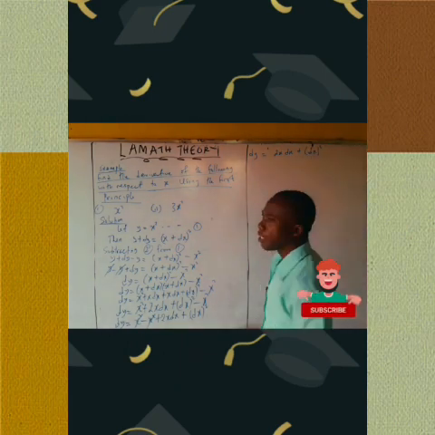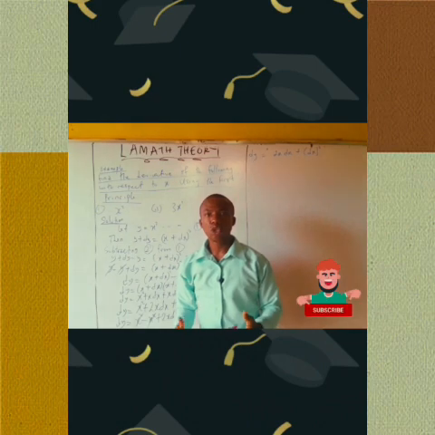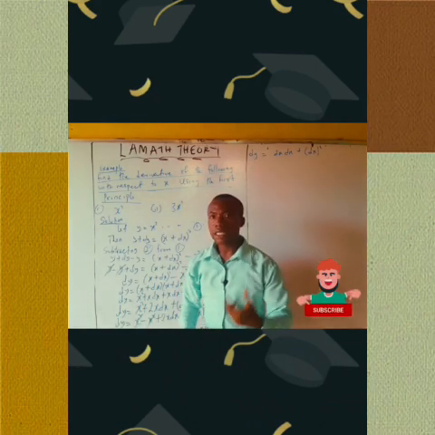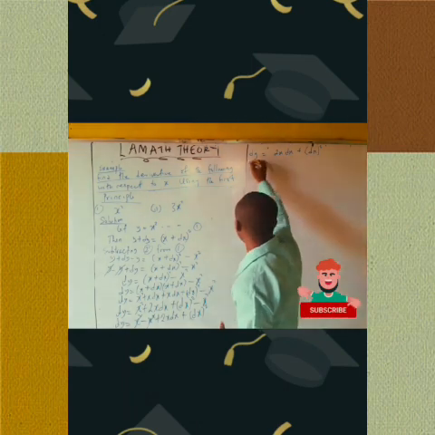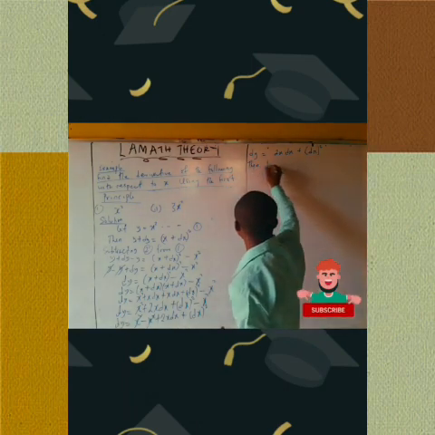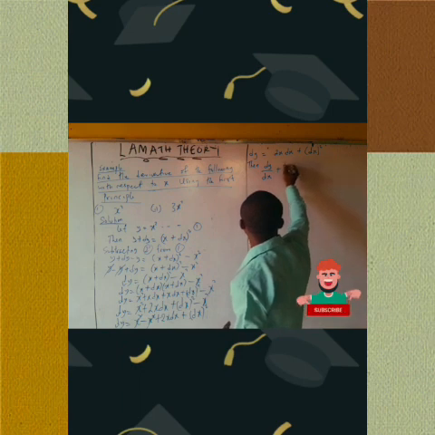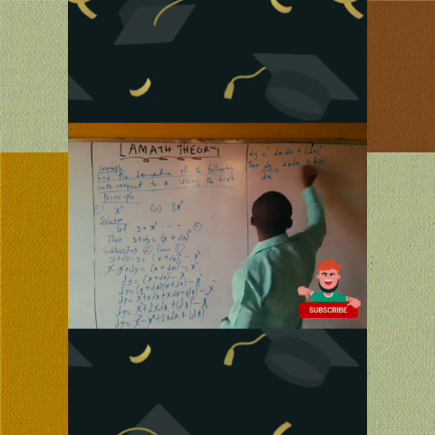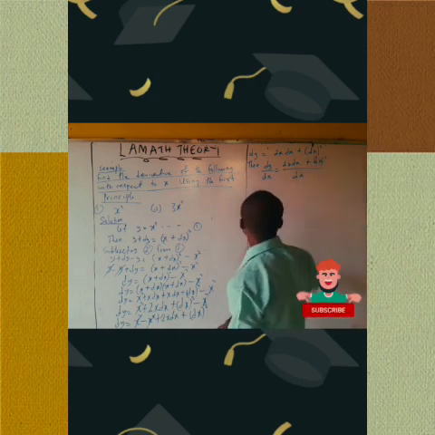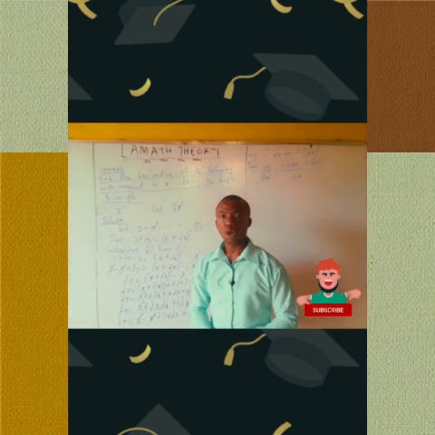Now this is where we are going to introduce our dx. We are going to divide through by dx. Then we have dy over dx equals 2x dx plus dx squared, divided by dx. Are we together now? Okay.